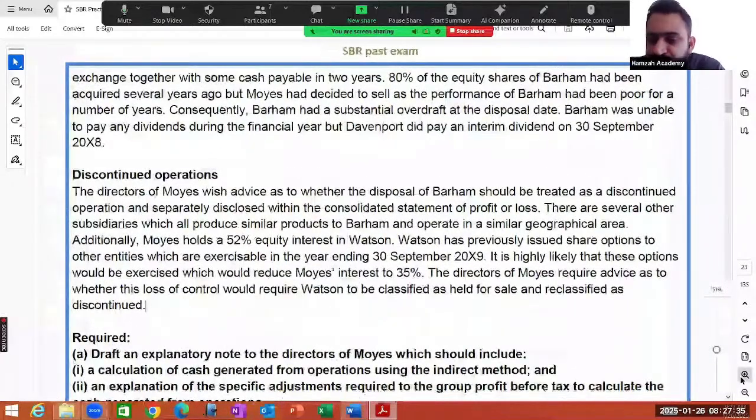Dear students, it is relating to discontinued operation and held for sale. So first of all, we will define the meaning of asset held for sale and the criteria to be fulfilled in order to classify an asset as held for sale.